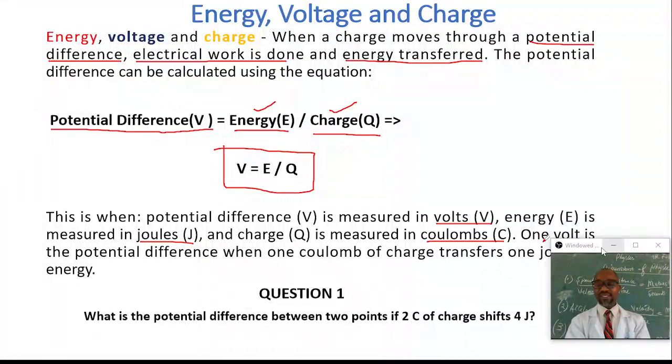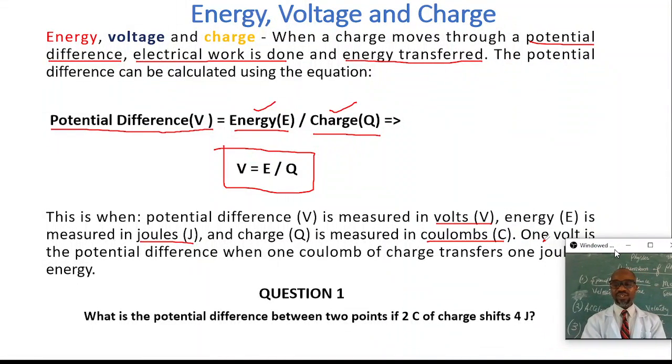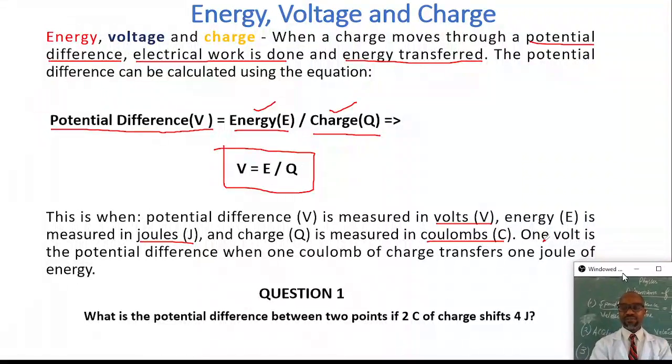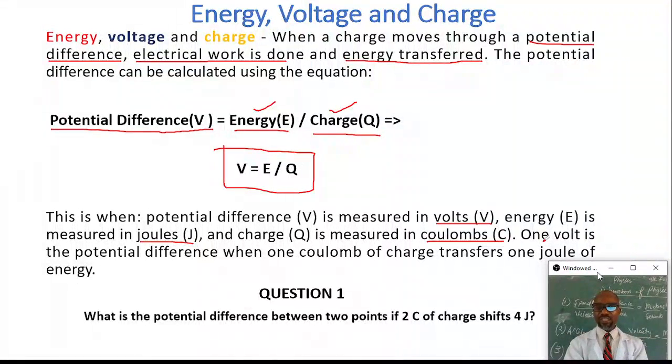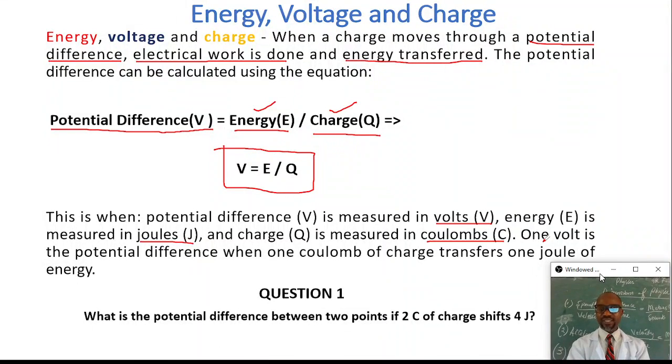Let's see this clearly. For clarity, I want to make sure we understand what this means. What this means is that when work is done in transferring charge through 1 volt of potential difference, a certain amount of charge is transferred along with 1 joule of energy.